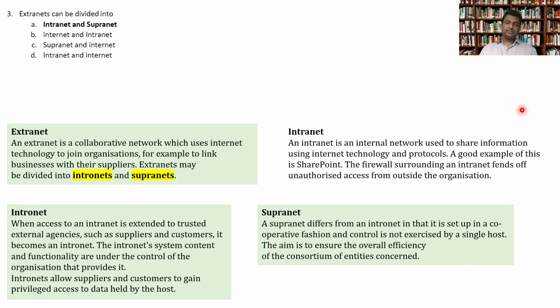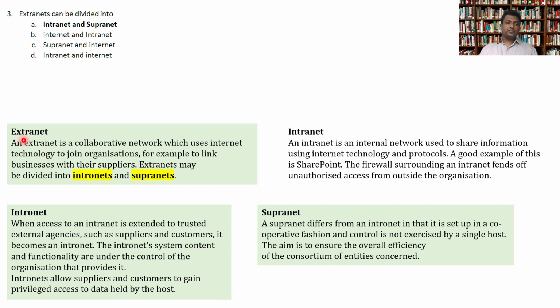Though your internal network connects to this network, you don't have control over it. You are just giving the information you are supposed to give, and you are obtaining the information the network can provide. Whereas with intranets, you are just extending your intranet to be accessed from outside, and you still control all the functionality and the facilities of the intranet.